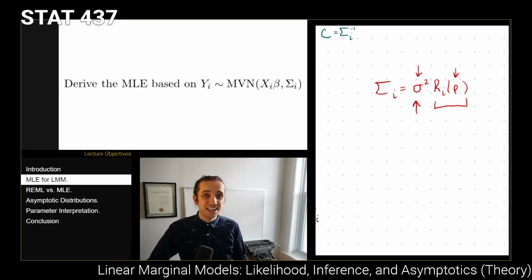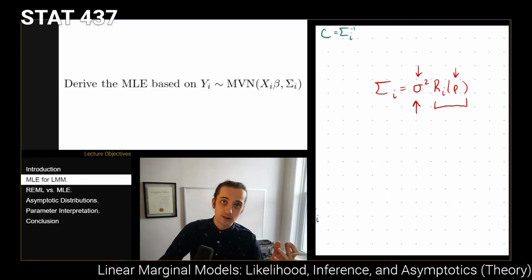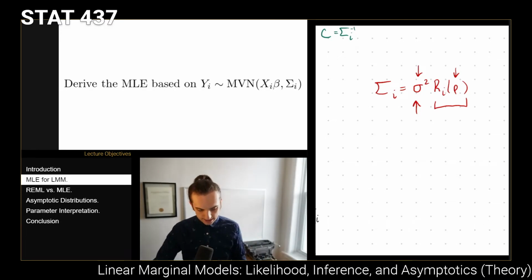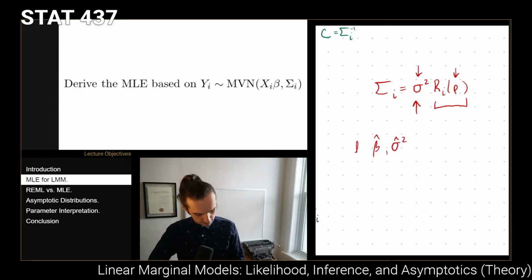And so in general, what we're going to be doing is writing down what is called a profile likelihood equation. And the idea is that if you have estimated beta hat and sigma hat squared, right, then we can solve the log likelihood, say, of beta hat, sigma hat squared, and rho, right?